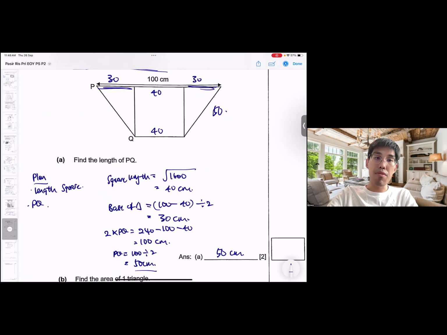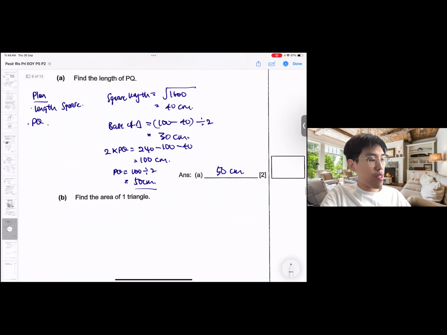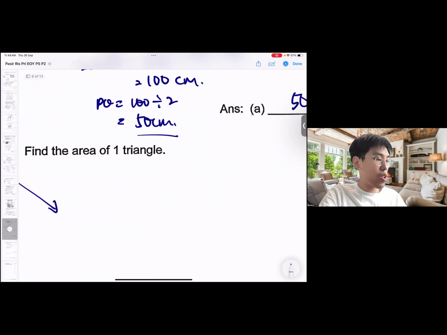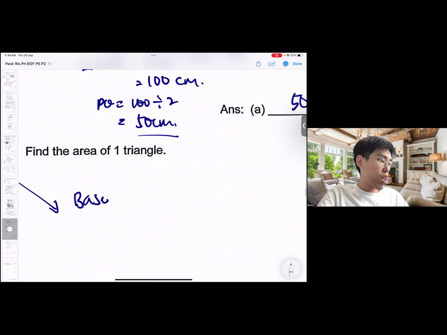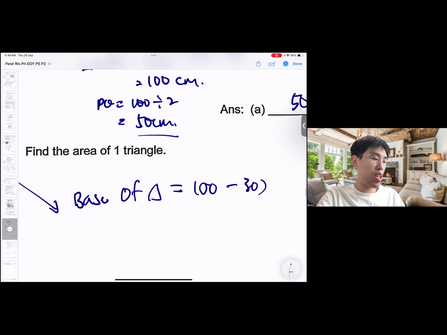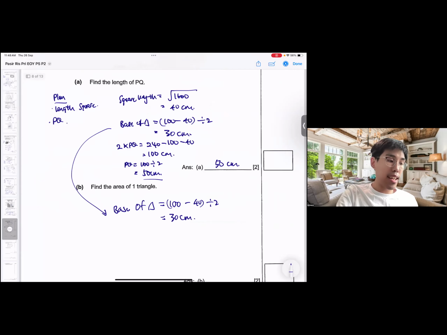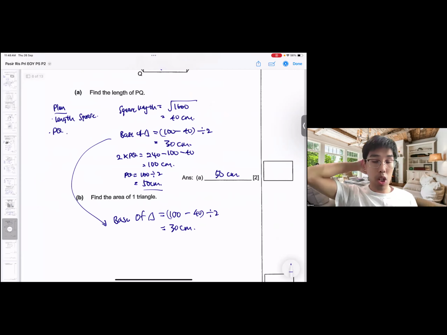So next, B, find the area of one triangle. See, this is where we need to bring in the 30 already. So we're going to write down base of triangle is 100 minus 40 divided by 2. This is exactly what we did before, but now we're going to use it here.